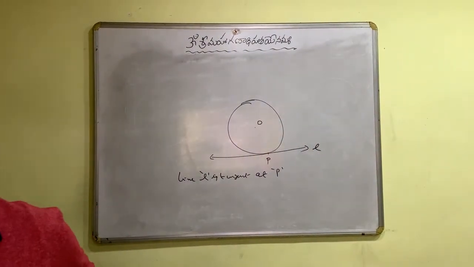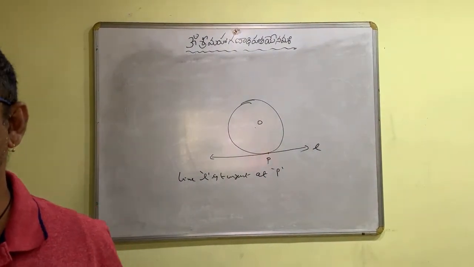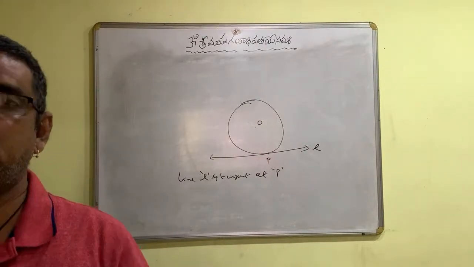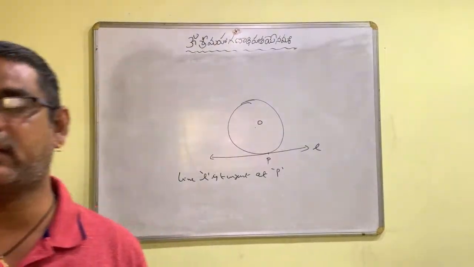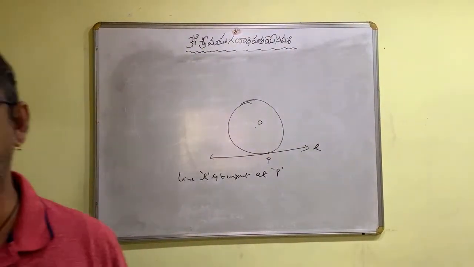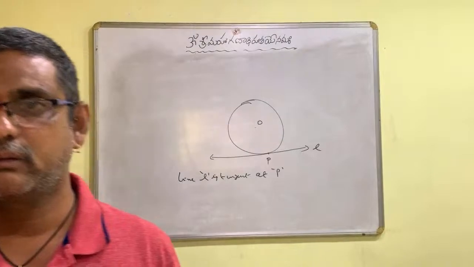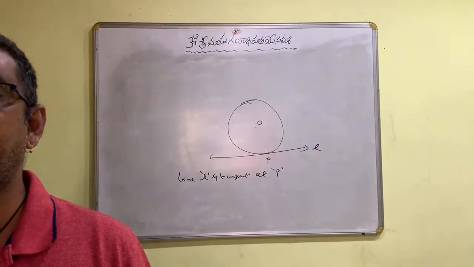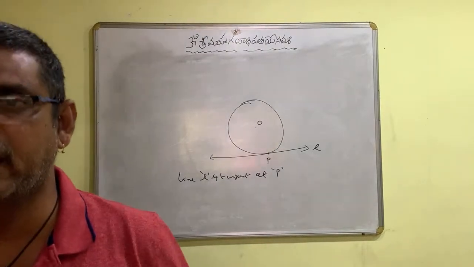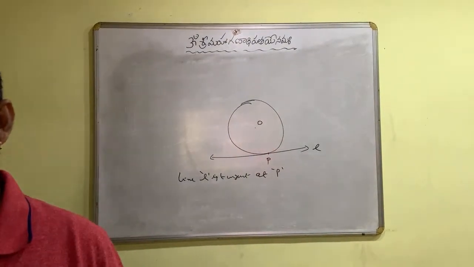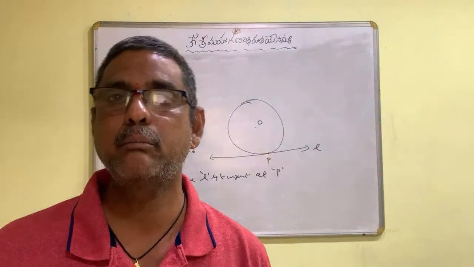Means line L is intersecting the circle at one and only one point, that is P. That's why line L is called tangent to the circle at P.